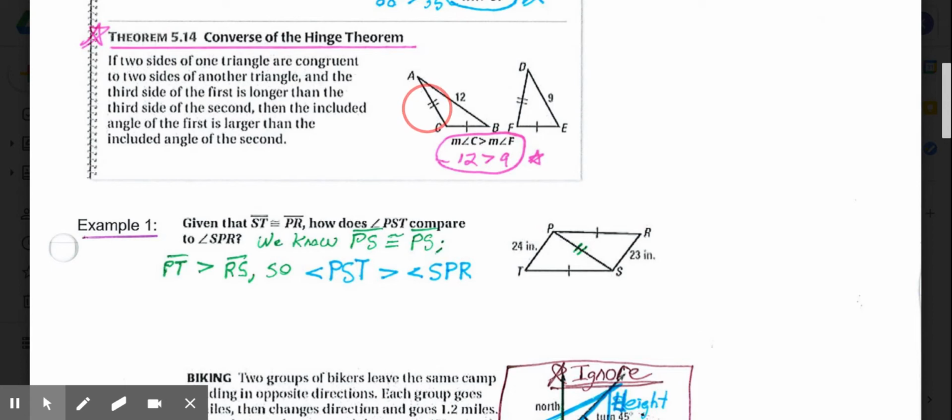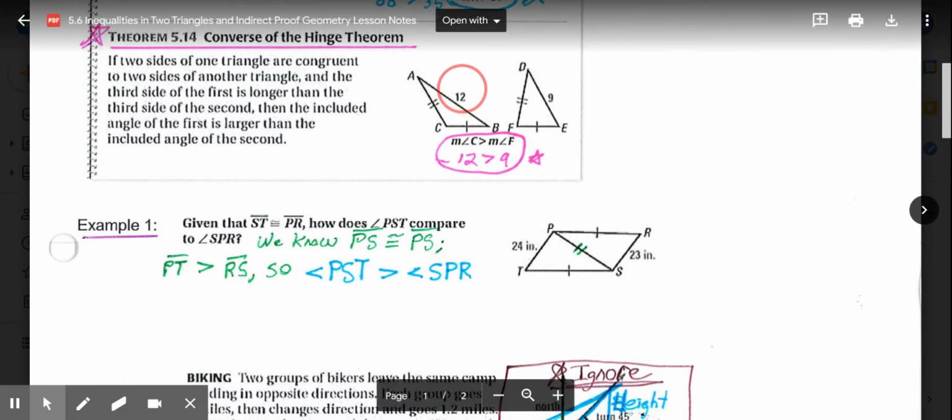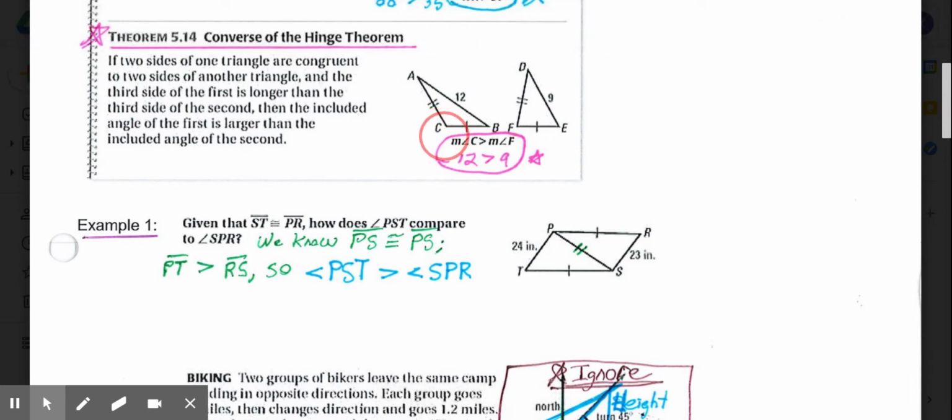In this case, AC was congruent to DF, CB was congruent to FE, and their third sides, side AB was 12, DE was 9. Because 12 is greater than 9, the angle opposite 12, which is angle C, has a greater measure than angle F. So the measure of angle C is greater than the measure of angle F.